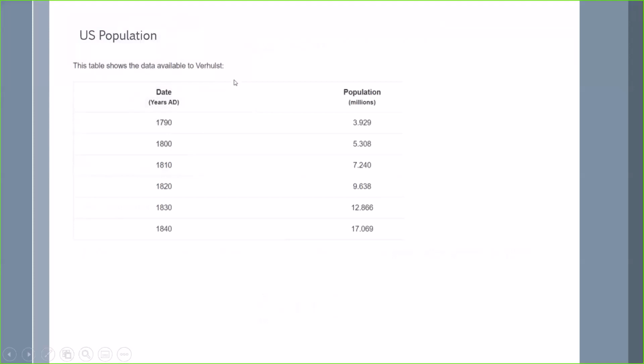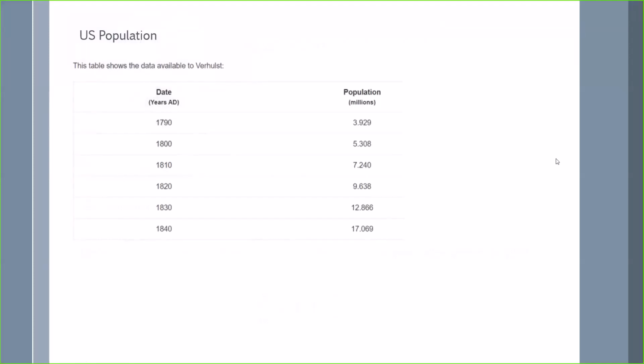If we look at the data which was available to Verhulst, it was years 1790 to 1840, and he tried to model the population using this data.